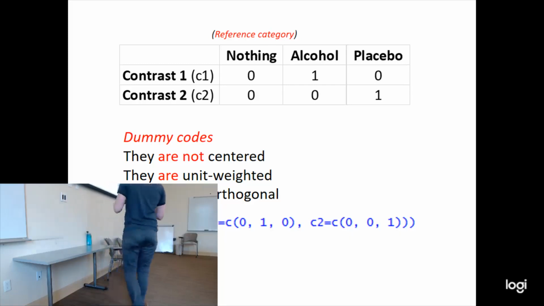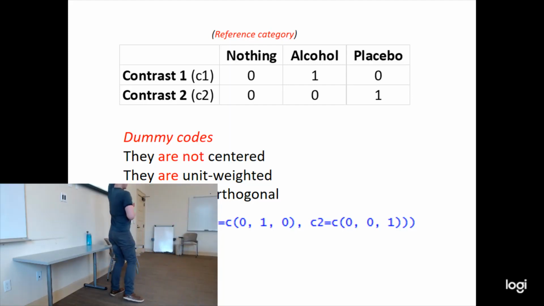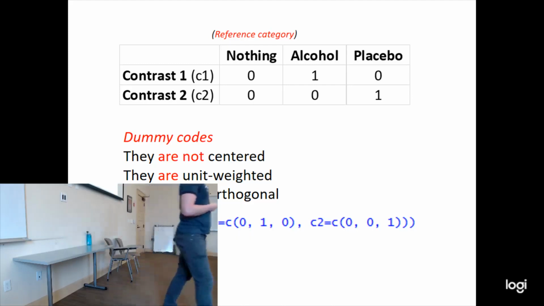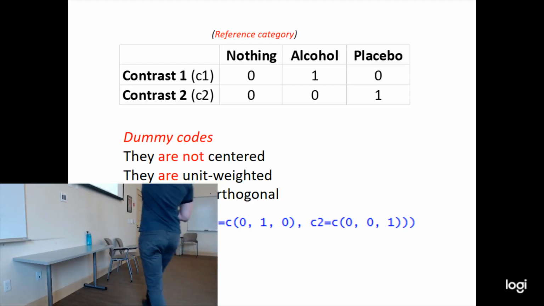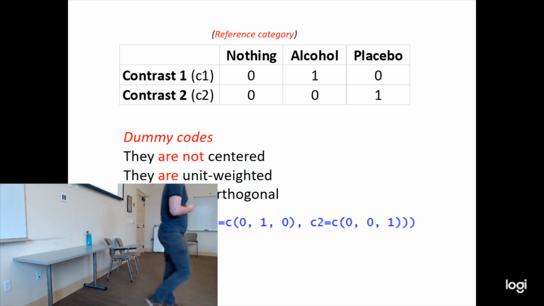To see why that might be true, notice that both contrasts are using the same reference category. In each case, I'm giving the number 0 to contrast 1 and contrast 2. That would have to be different in order for these to be uncorrelated. So one reason, looking at the numbers themselves, is that they share a reference group.